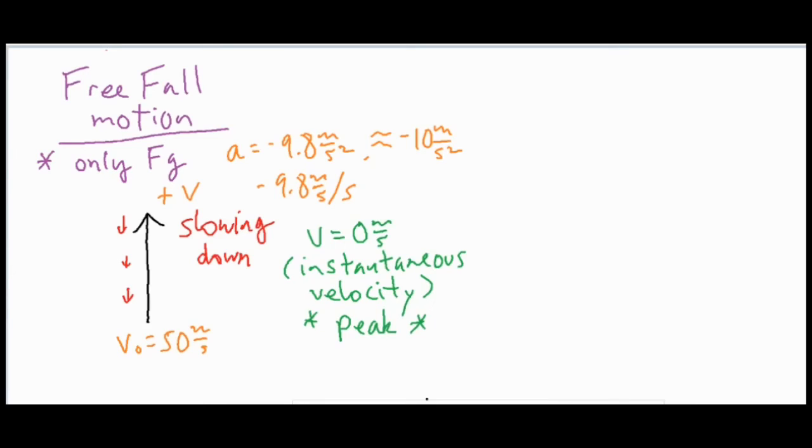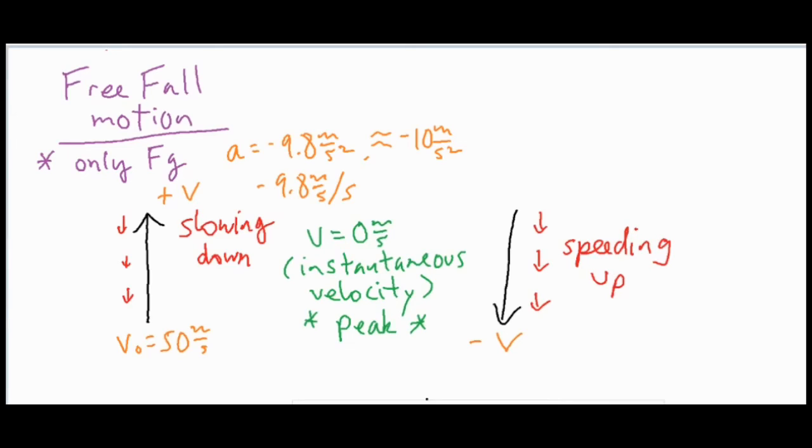Now, when it's going down, it follows a similar set of rules. When it's coming down and it has that same force of gravity tugging it downwards, we now have a negative velocity. If we have a negative velocity and we are subtracting 9.8 meters per second every second, it is going to become an increasingly larger negative number, which means it's speeding up because the direction of the velocity and the direction of the force are working together.